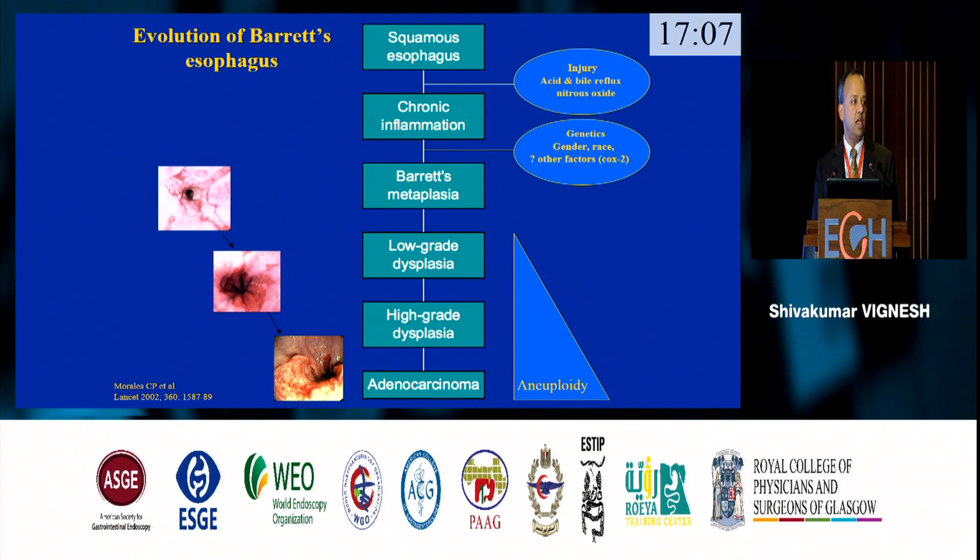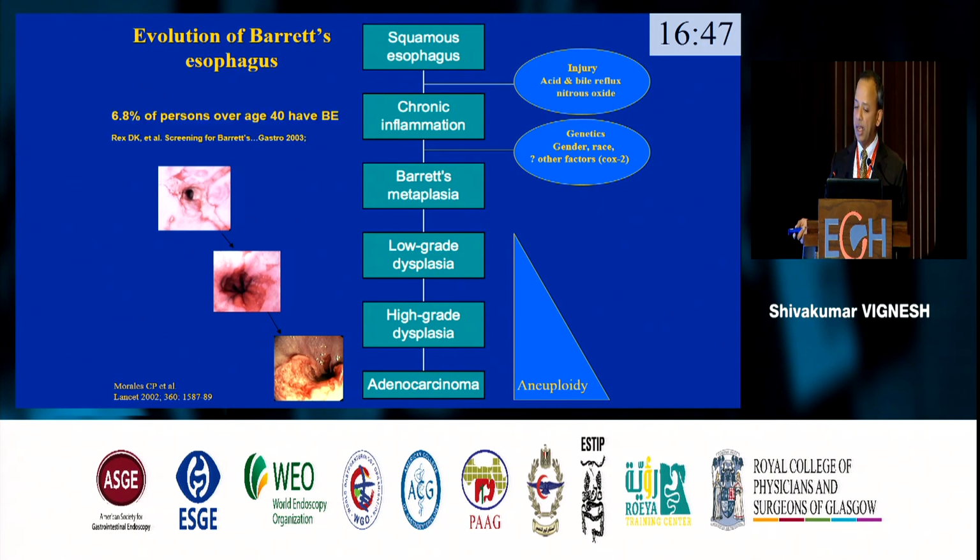So very briefly, the pathogenesis: we all have a squamous esophagus, and acid and bile reflux, as we've heard, and other insults can cause chronic inflammation. And if you have the right genetic makeup and certain other factors, the healing happens with intestinal metaplasia and progresses through some DNA content abnormalities into low-grade and high-grade dysplasia and adenocarcinoma.